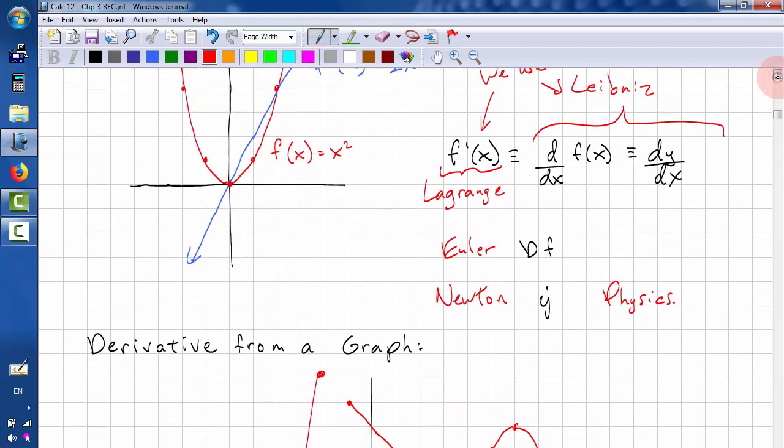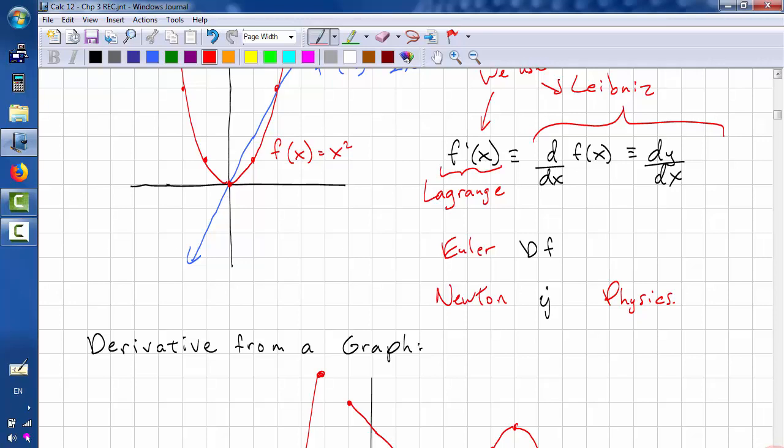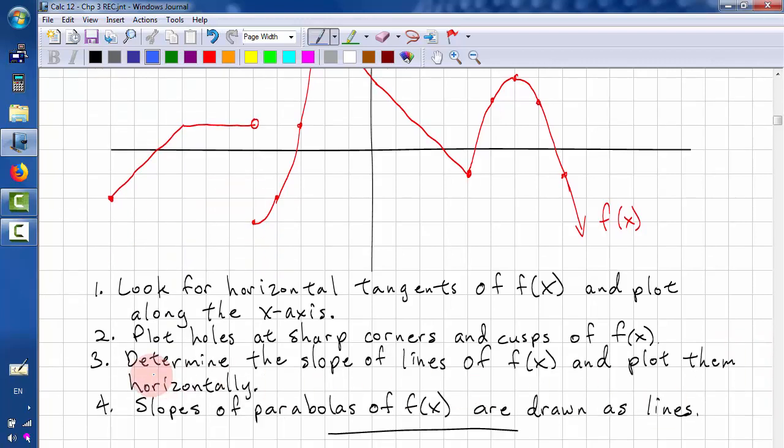Okay, so if we look up here, this is a parabola. The derivative is a line. Okay, using the rules, let's start off. So this is a line, so the slope is going to be a horizontal line. That's what number 3 says.